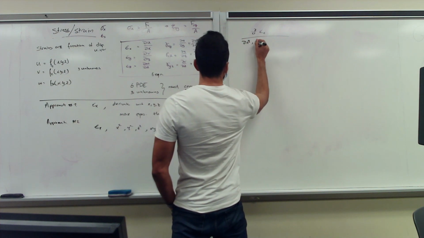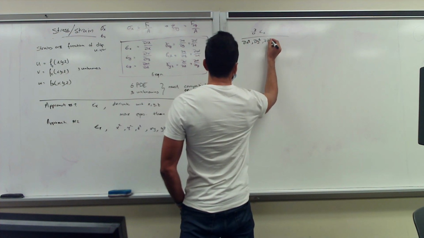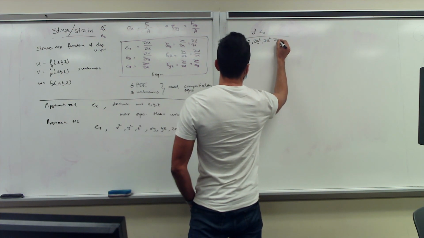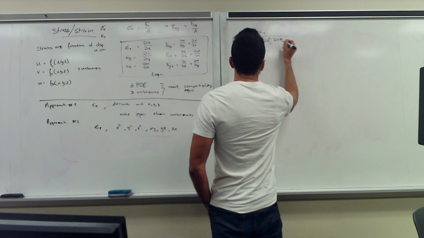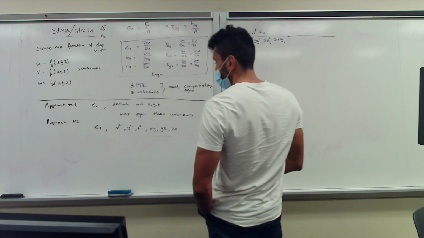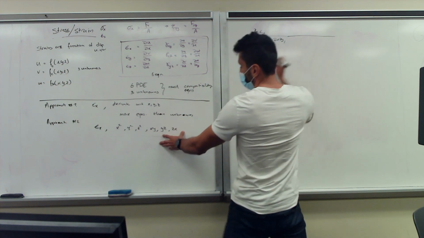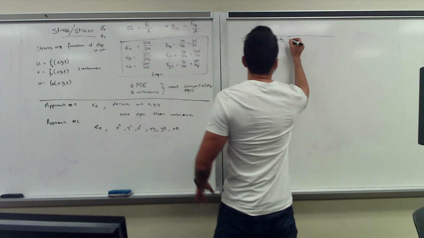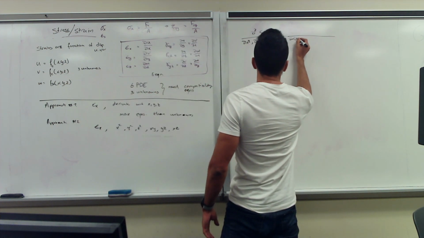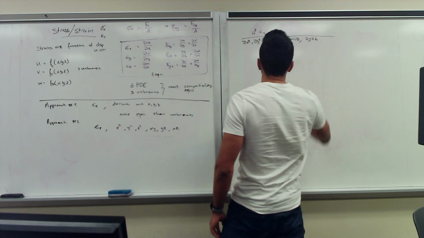So partial x squared, partial y squared, partial z squared, partial x partial y, partial x partial z, and partial y partial z.